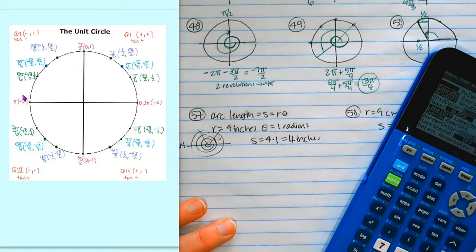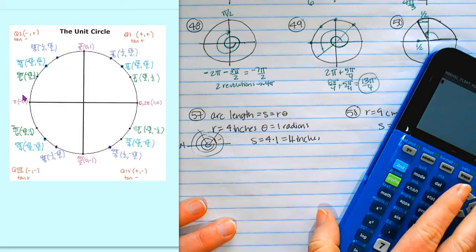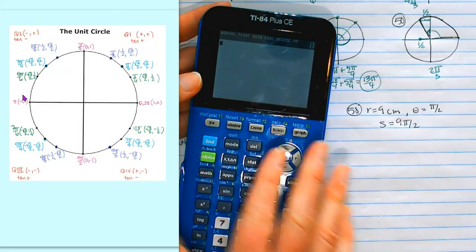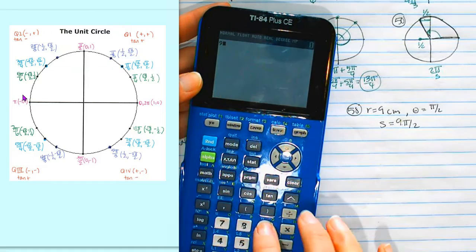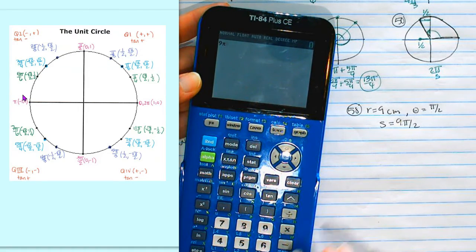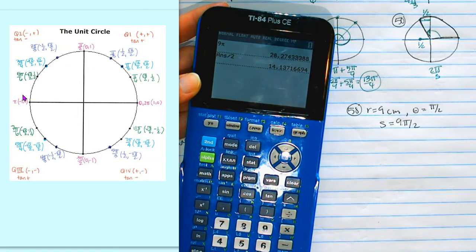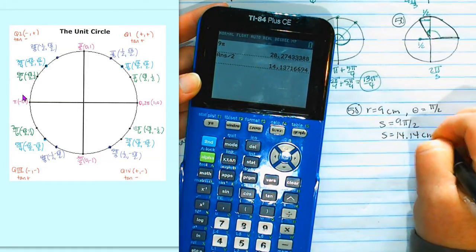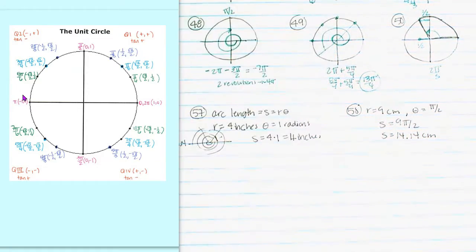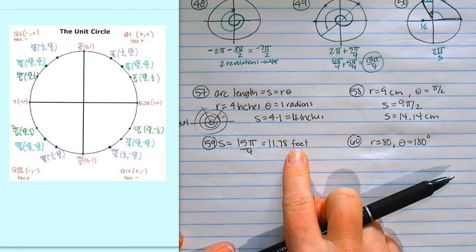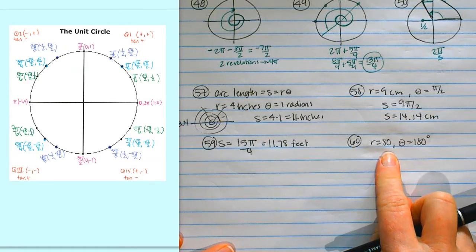So we're going to say 9 times pi divided by 2 equals 14.14 centimeters. 59, 11.78 feet.